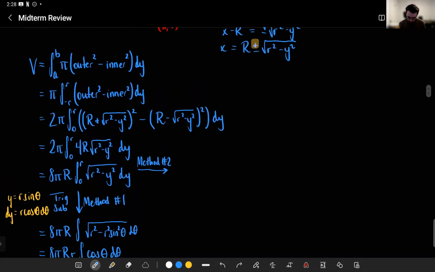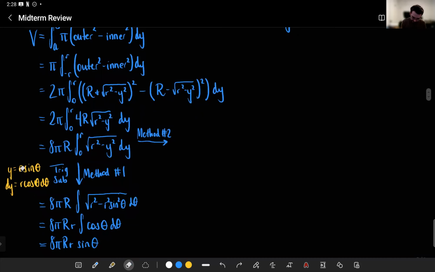Well, this is one particularly nice instance, right? Sine of theta, I don't even have to draw a triangle for this. It's just y over r. So, great. This is 8 pi capital R times little r, y over r.